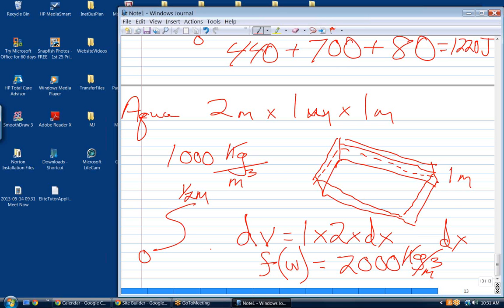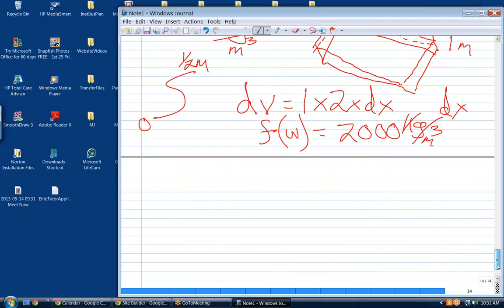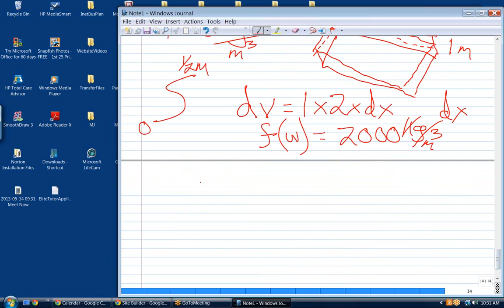So the amount of work done is force times distance. So work equals the integral from 0 to 1/2 of the force times the distance that we have to lift it.